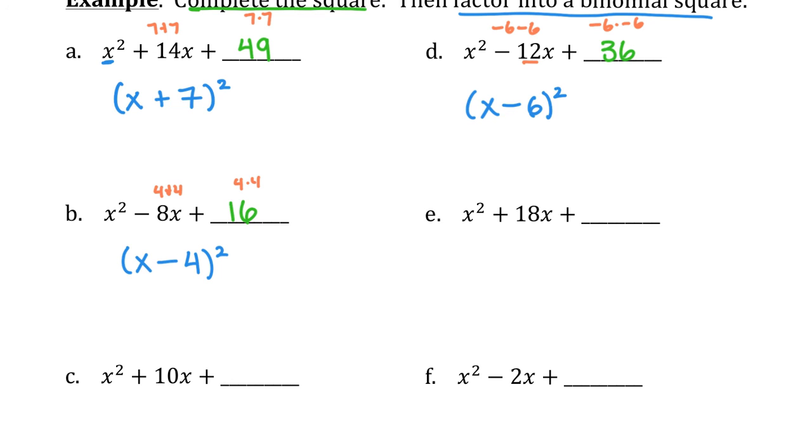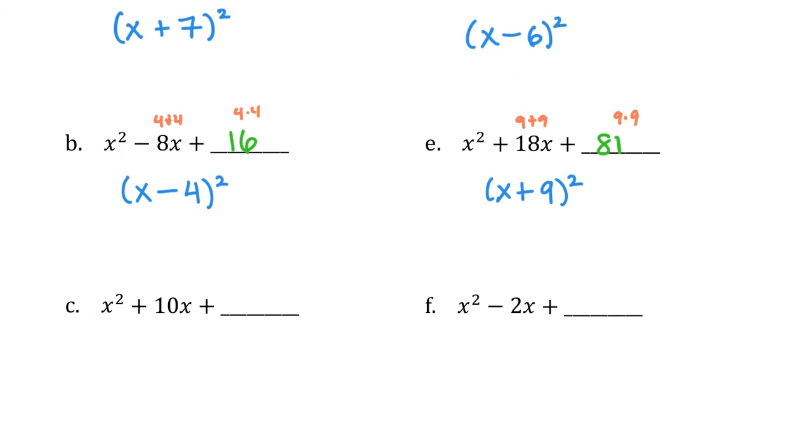X squared plus 18x, let's see. 18 divided by 2 is 9, so this is 9 plus 9. If I do 9 times 9, this should be an 81, and that's completing the square. The binomial is x. Since this is a plus, I'm going to put a plus, and then 9 was the number I was using to find all the other values.